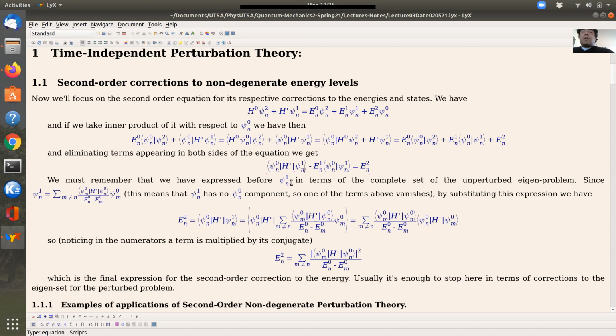Again, I'm going to need the relation that I found before for the first order correction to the wave function. This was done in terms of the complete set of the unperturbed eigenproblem.